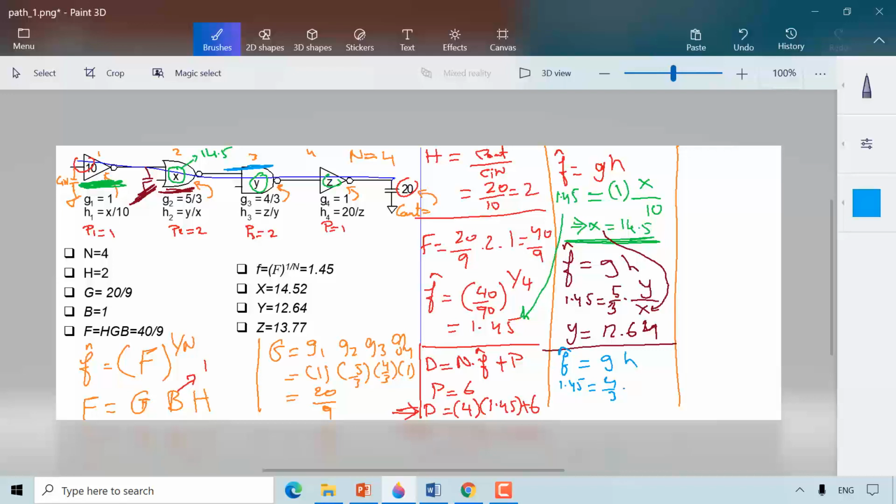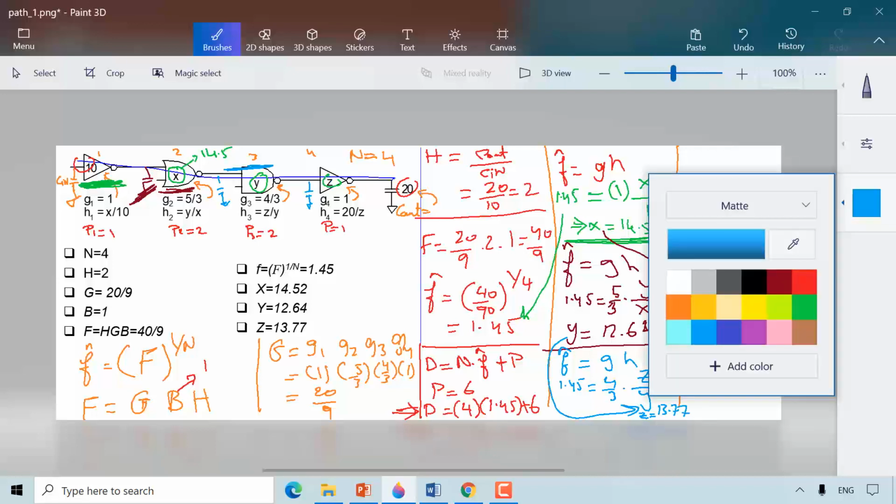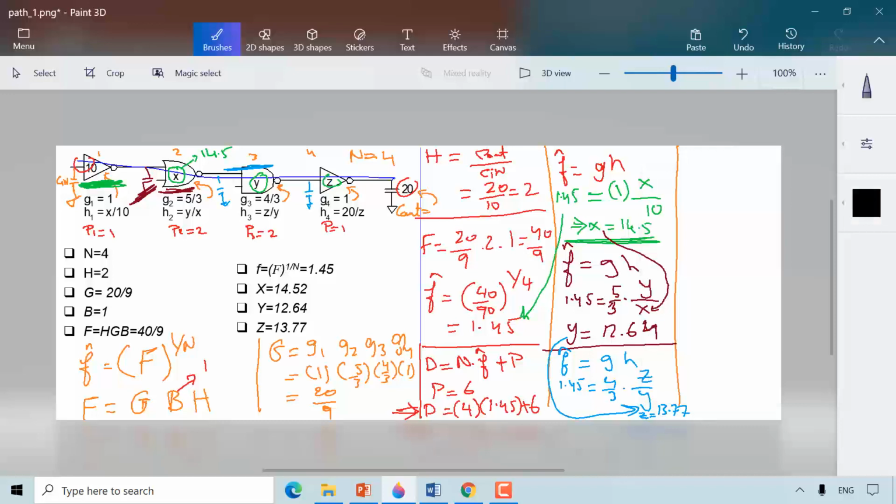H is the output load, which is Z over the input load here, which is Y. So Z over Y. Now I know Y, I can plug in this value here. I know all the numbers, and I can find Z, and Z turns out to be 13.77.